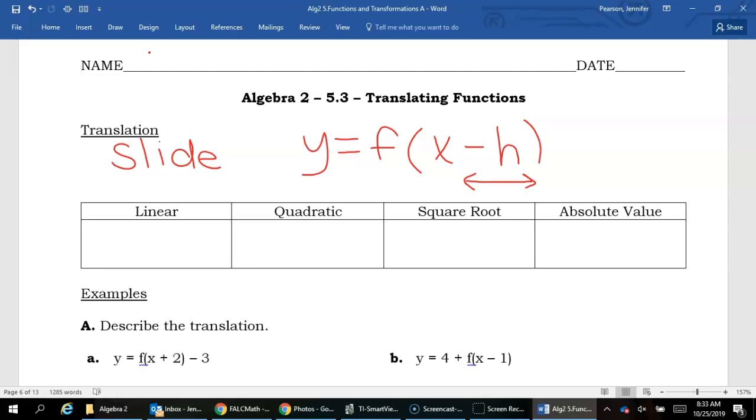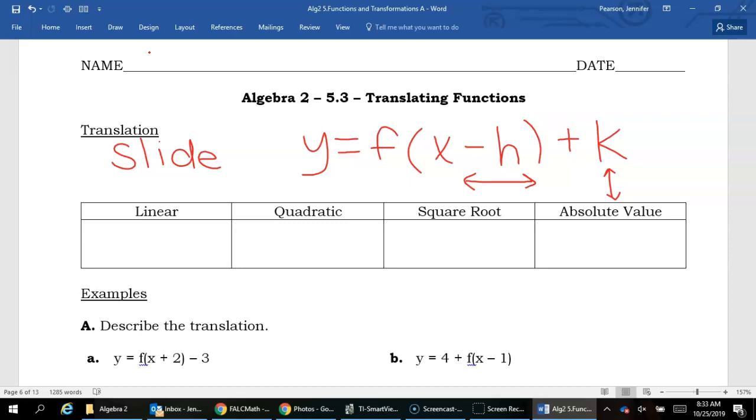You would need to add or subtract a value to the entire function, and that would make your graph slide up and down. Based on whether you're adding or subtracting, it's going to slide a different direction.